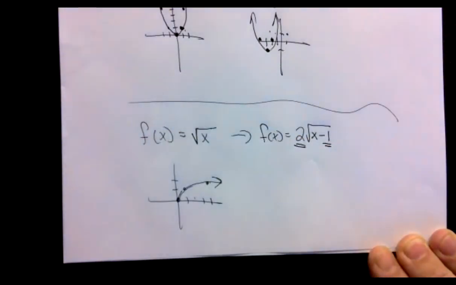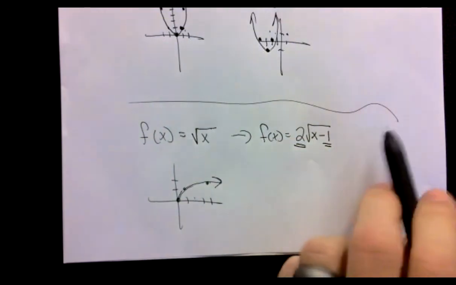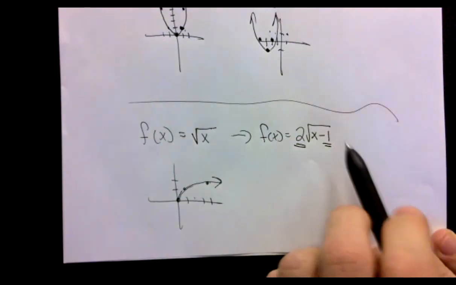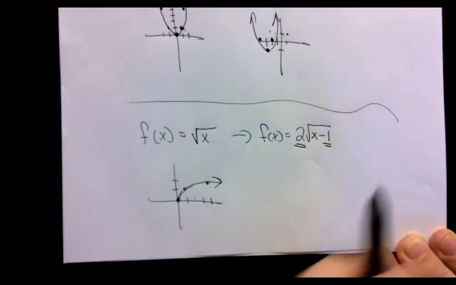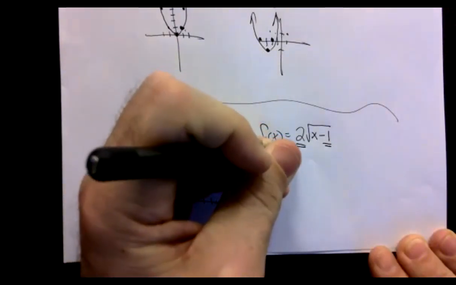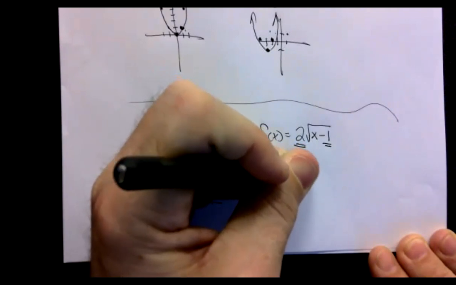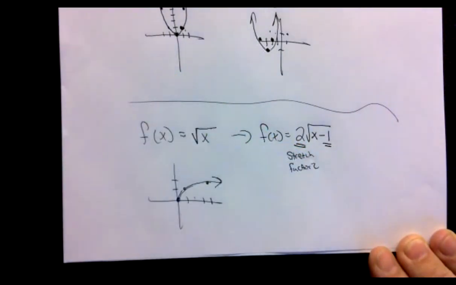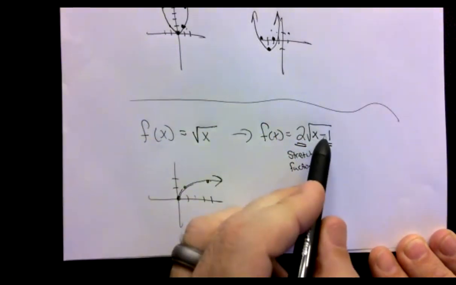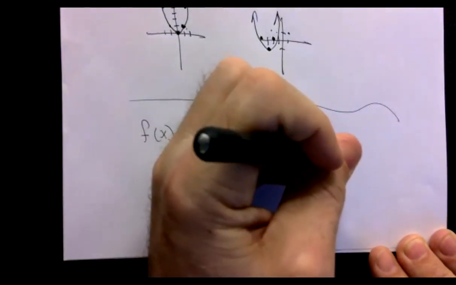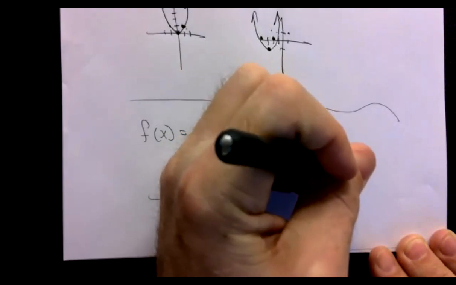It's going to move it left or right. We're not adding anything outside, so we don't have a k. We're not moving this up or down. So this is going to stretch by a factor of 2. And then this -1 is going to shift us to the right 1 unit.